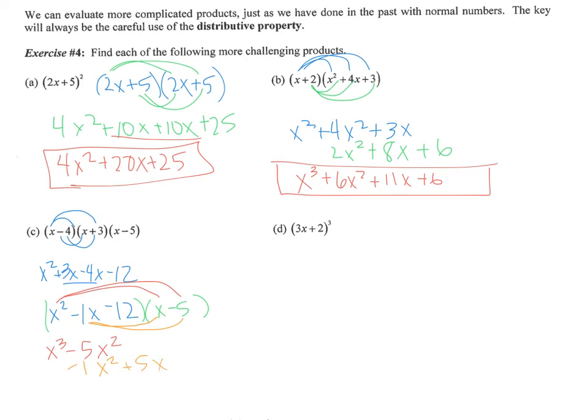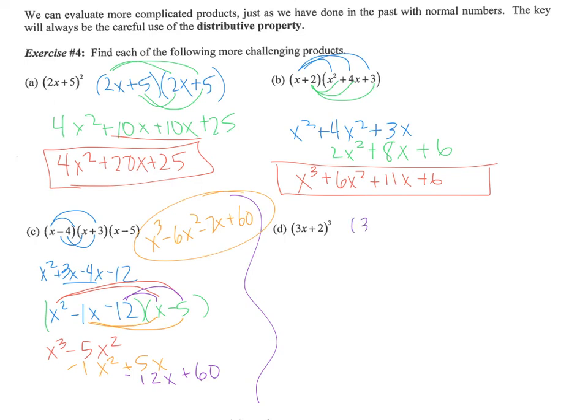And our last one, negative 12 times x is negative 12x. Negative 12 times negative 5 is positive 60. If we combine everything, we end up with x to the third minus 6x to the second power minus 7x plus 60.